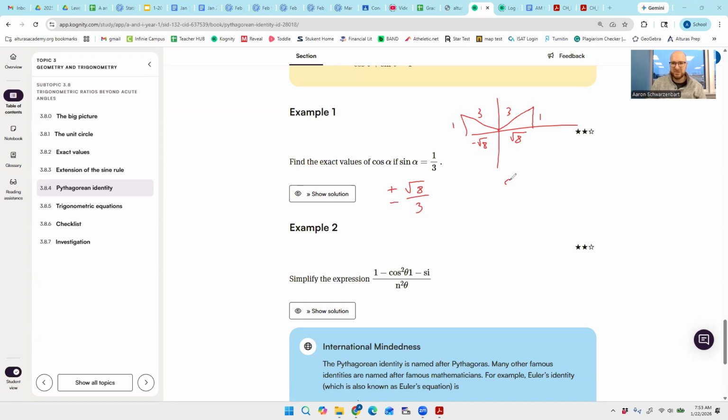You can also do cosine squared plus sine squared, so cosine squared plus 1/9 equals 1. Cosine squared equals 8/9.